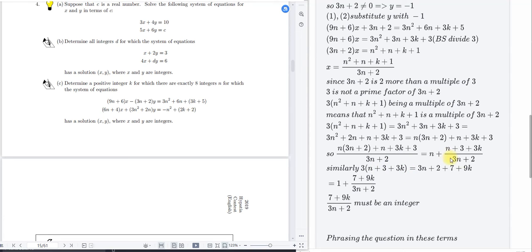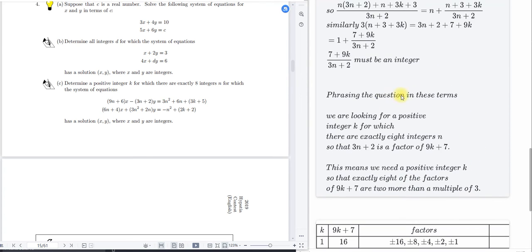It's also a multiple of 3n plus 2. So now we prove that (7 plus 9k) divided by (3n plus 2) must be an integer.